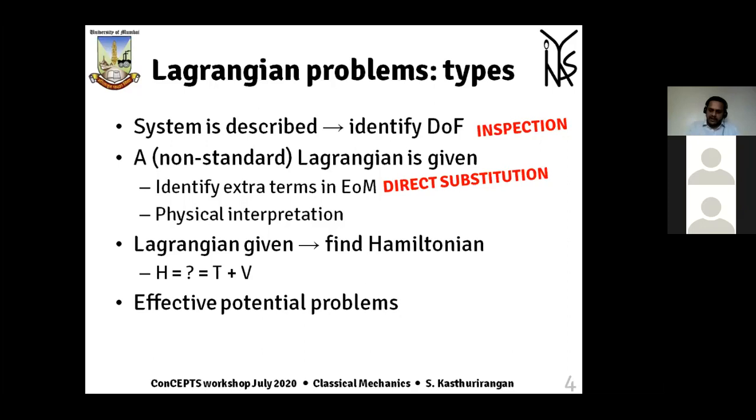While taking a derivative, if you miss a minus sign, you will get the wrong answer. While taking a derivative, if you don't take care of constants properly, for example, the derivative of x cube is 3x squared, and instead of 3 you write something else, it will lead you to the wrong answer. So you have to be extremely careful while taking these derivatives. Direct substitution is an option to identify extra terms, but you need a lot of practice to be able to do it within the prescribed time limit.